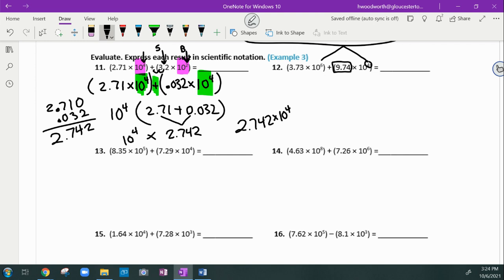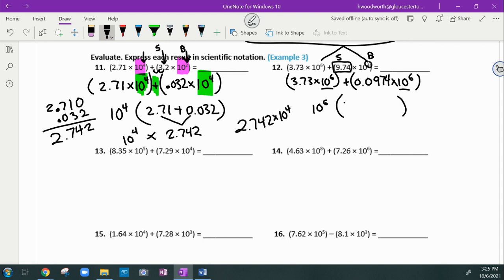So let's do it. 3.73 times 10 to the 6th plus, I'm going to make that a power of 10 to the 6th. Since I made this bigger, I have to make this smaller by 2 powers of 10, which makes it 0.0974. Then I can factor out the common factor of 10 to the 6th.